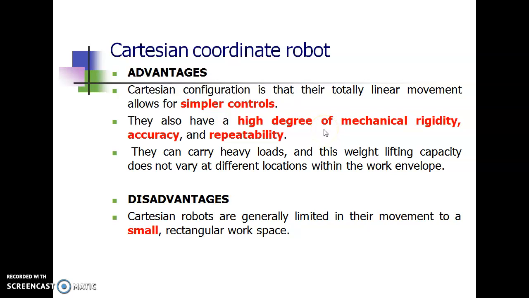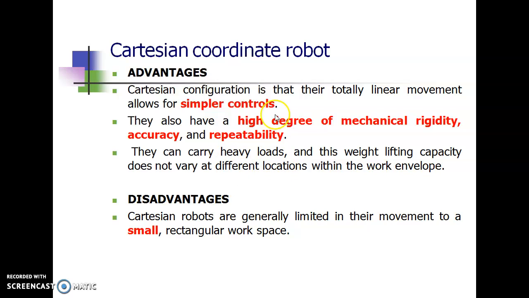Because of this high mechanical rigidity, their accuracy and repeatability are also high, and they can carry heavy loads. The weightlifting capacity does not vary at different locations within the work envelope. So at all points within the work envelope the load carrying capacity does not change.